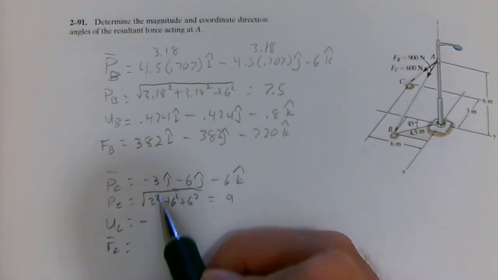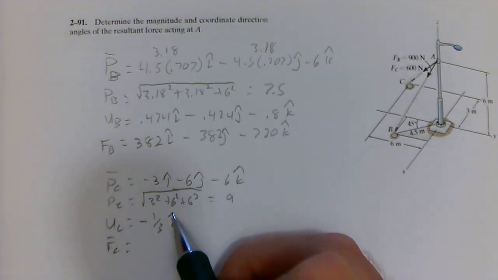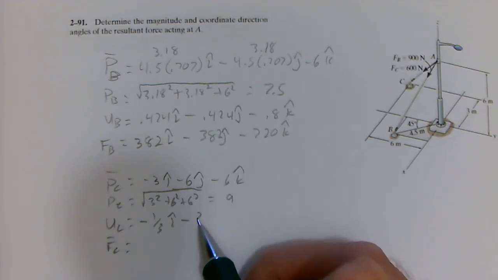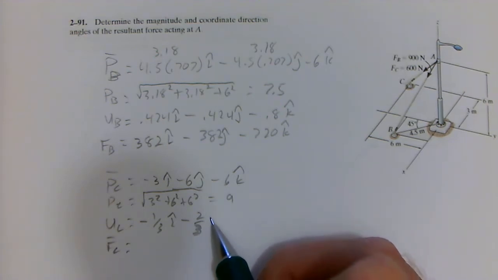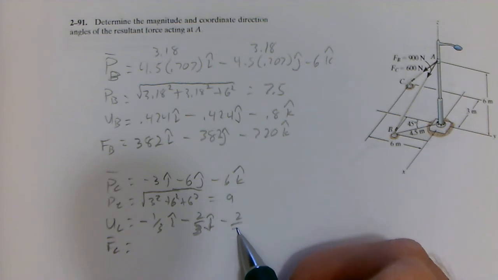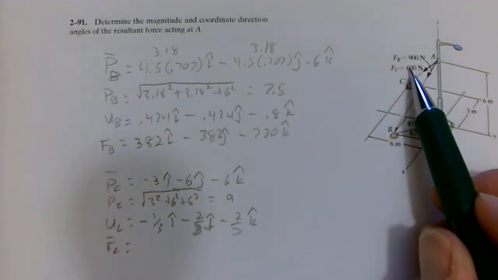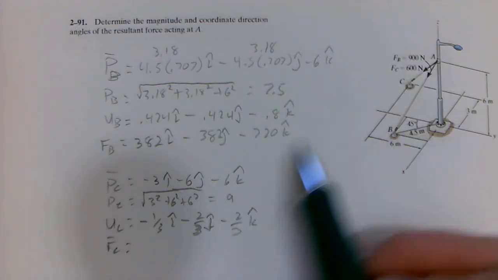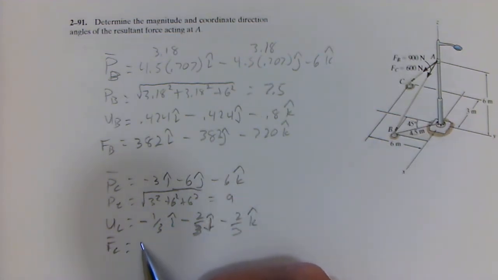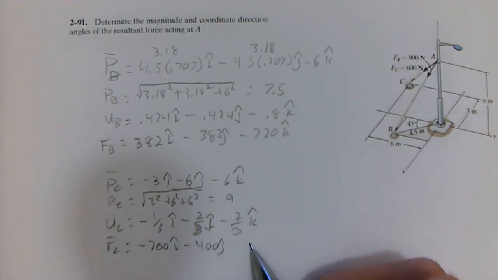So we have negative 1/3 in the i, negative 2/3 in the j, and negative 2/3 in the k. And then multiplying each one of those by 600, 600 times 1/3 is negative 200 in the i, negative 400 in the j, and negative 400 in the k.